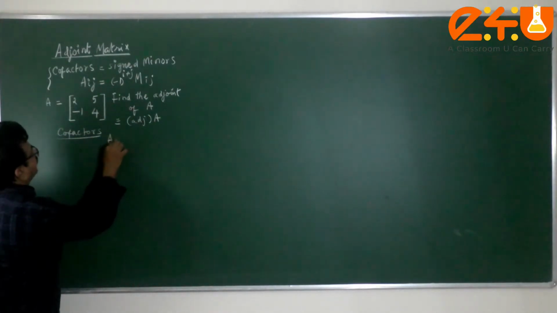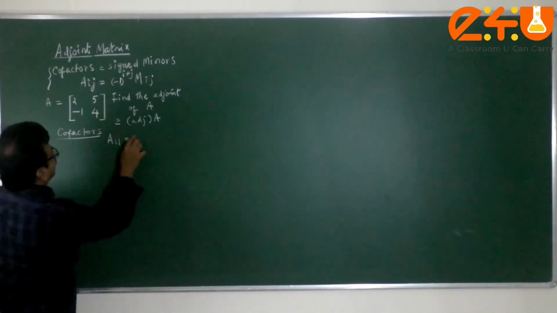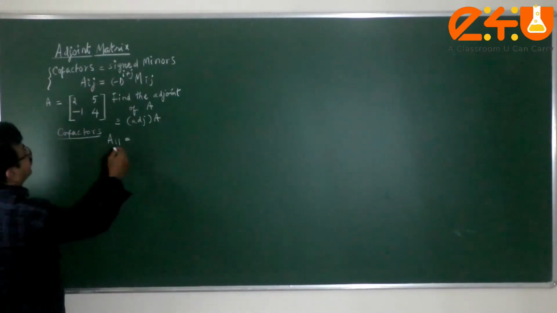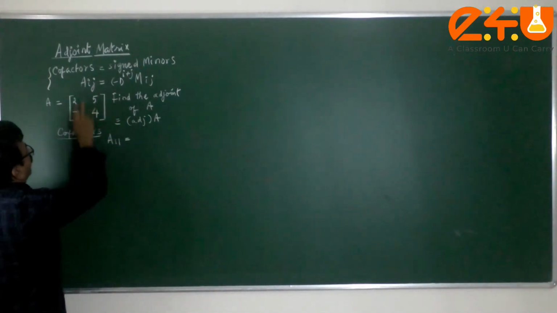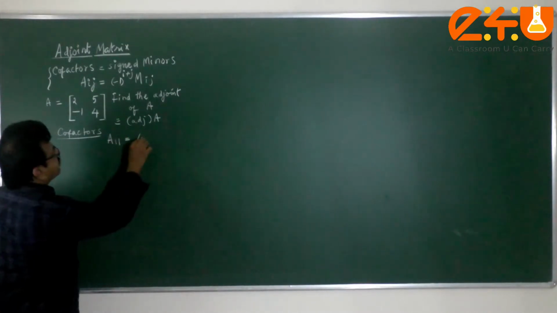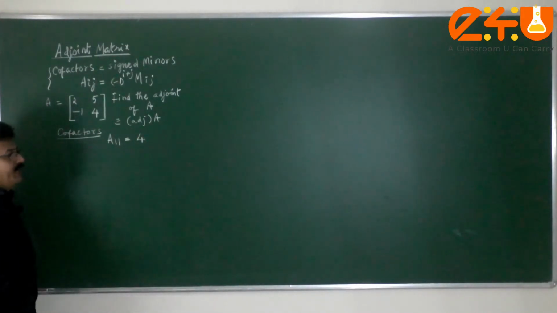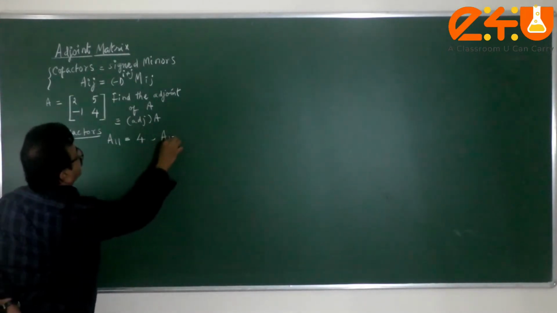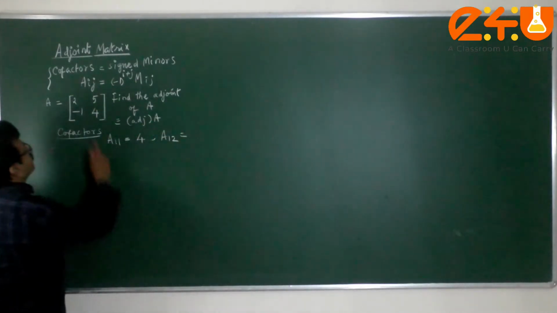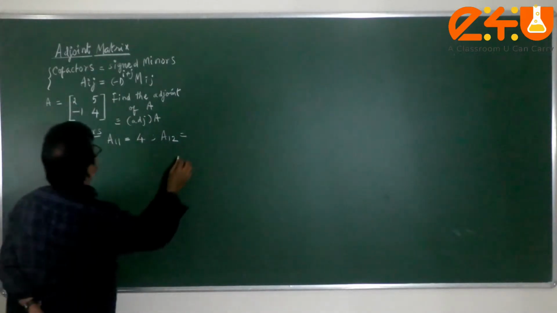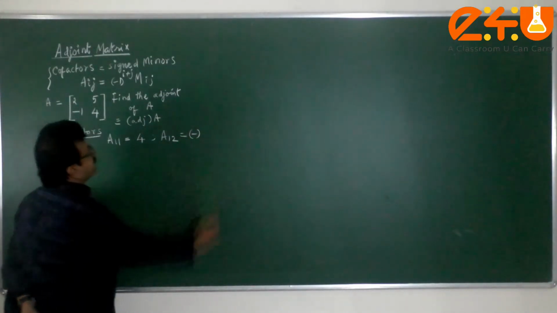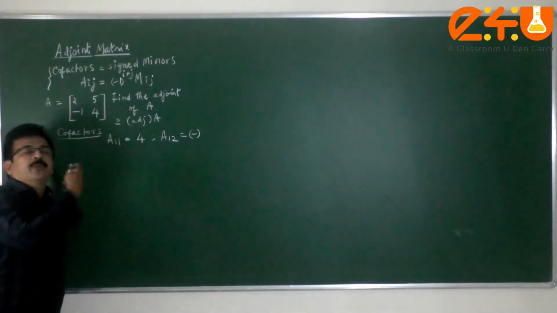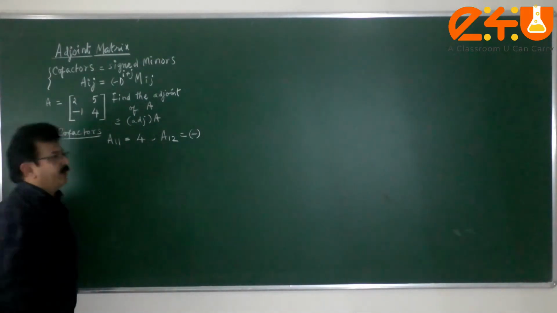What about capital A11? By default the sign is positive, and I have to consider the minor, leaving row 1, column 1, as simple as the element 4 itself. And considering the cofactor for the first row, second element, by default there is a negative sign because 1 plus 2 happens to be an odd number, and we are talking about minus 1 cubed.